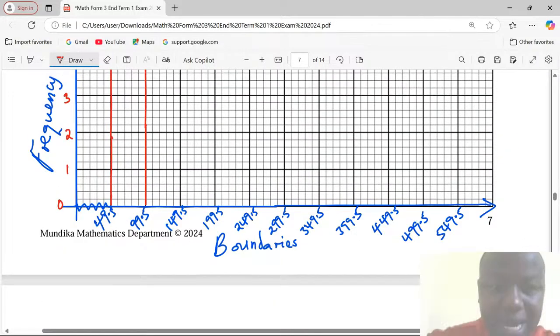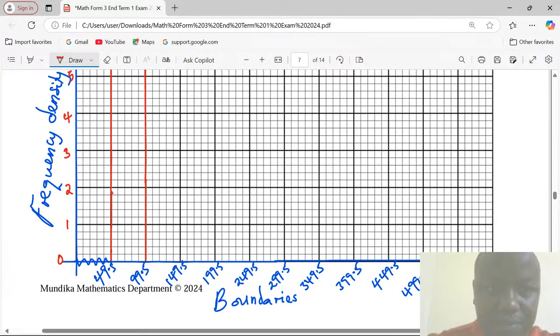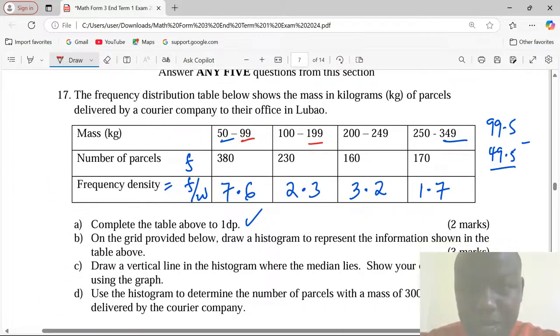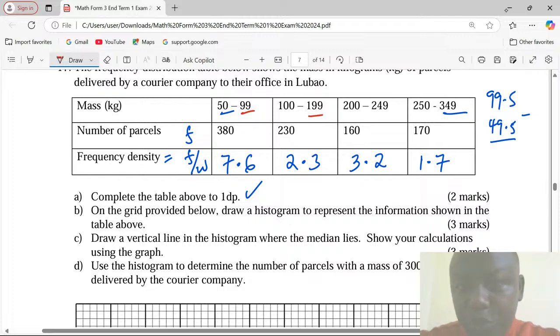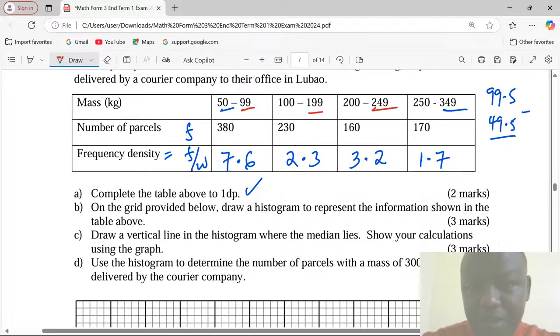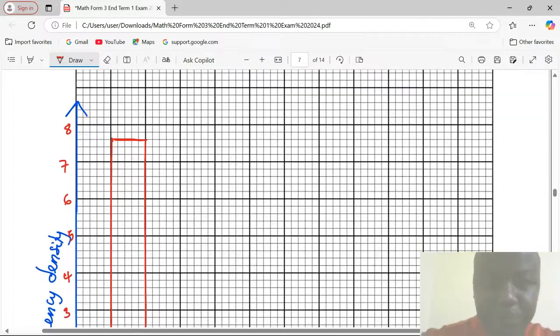Now the next class, which begins from 99.5 all the way to 199.5, will have a height of 2.3. After 2.3, we go all the way to 249.5, but the height is 3.2.